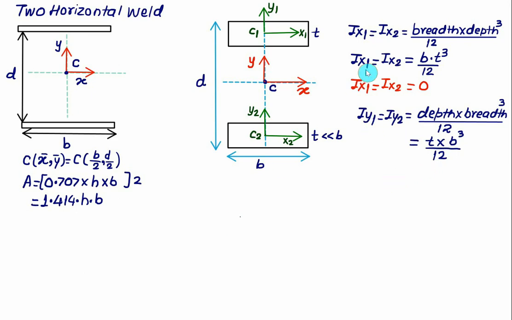So there is no contribution of Ix1, but only the contribution of Iy, so you have to transfer the moment of inertia from y1 to y and y to y2. But y1 and y2 are on the same vertical line. It means that the perpendicular distance between y and y1, similarly y and y2, is equal to 0.